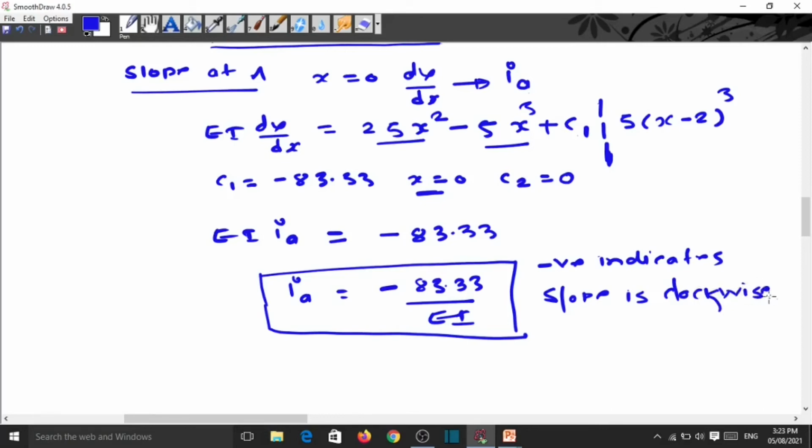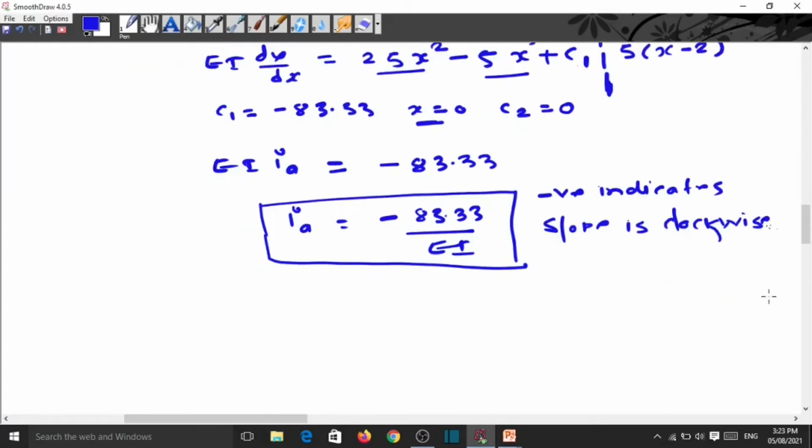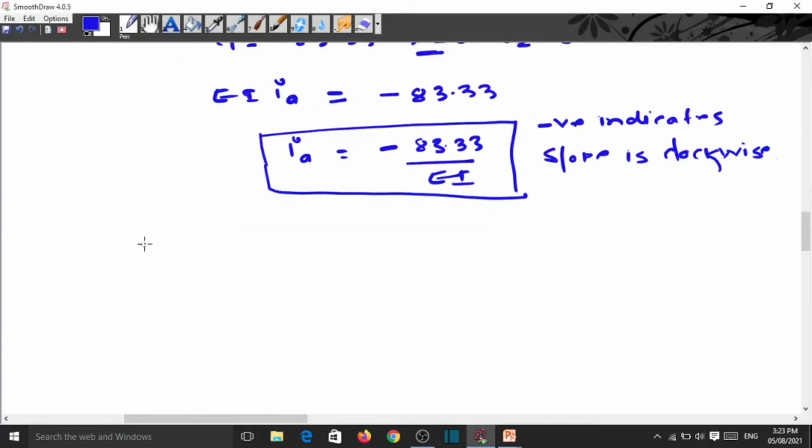Now next our aim is to find the maximum deflection. This maximum deflection occurs where the slope is 0.